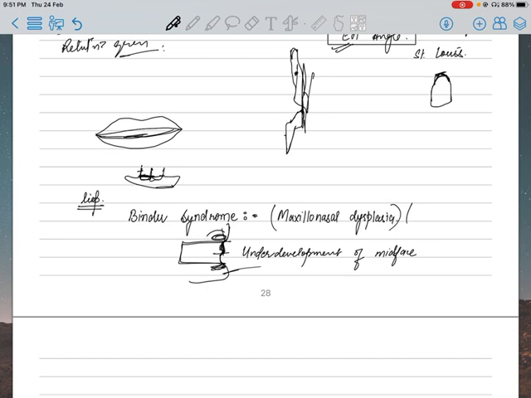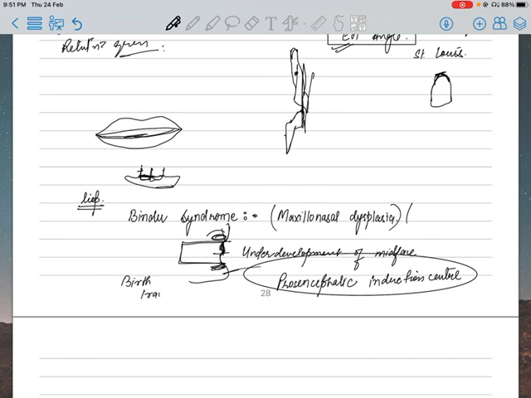It is because of the disturbance of the prosencephalic induction center during embryogenic life. तो prosencephalic induction center, that is disturbed during embryogenic formation, and birth trauma can also be a cause. अगर birth में trauma हुआ, birth trauma तब भी हो सकता है.